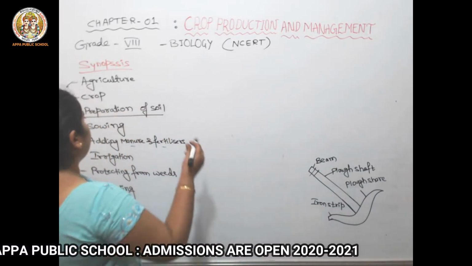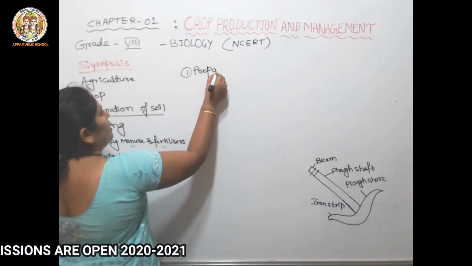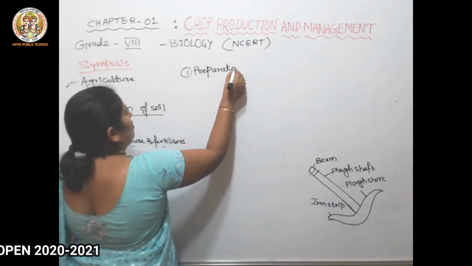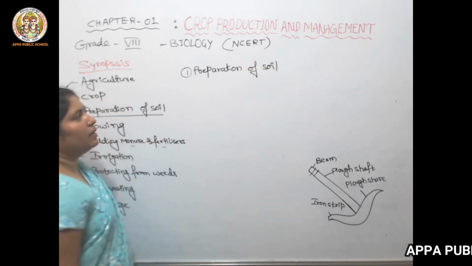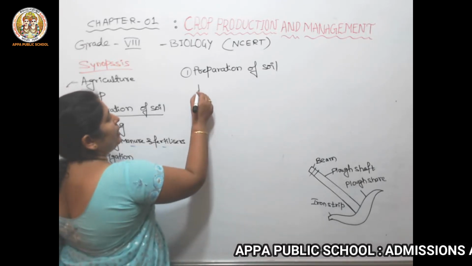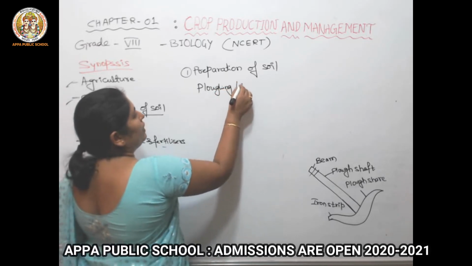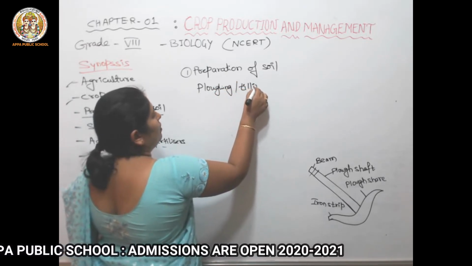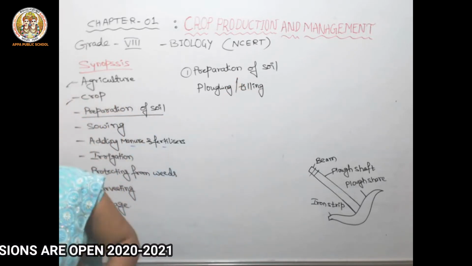Okay students, the first step in the agriculture process, that is preparation of soil. The preparation of soil, even we can call it plowing the land, or even it is called tilling. It is even called plowing or tilling.